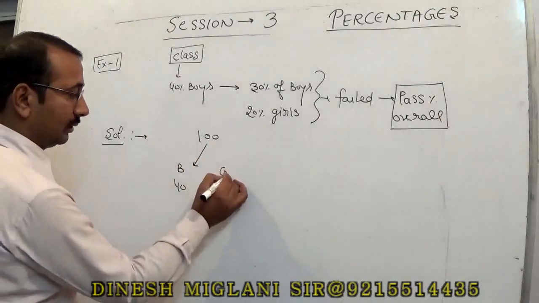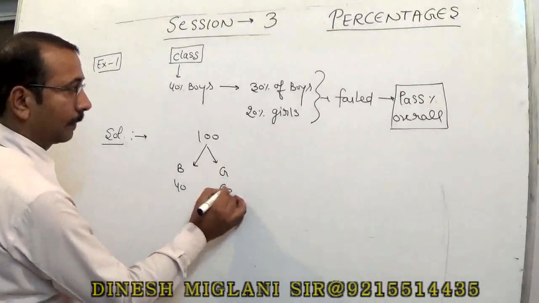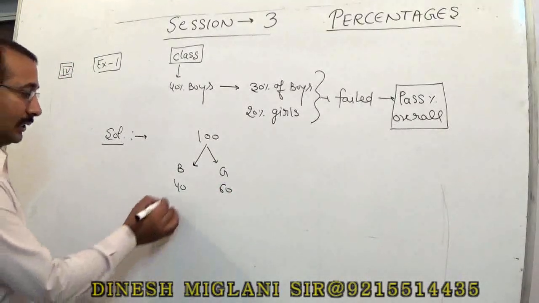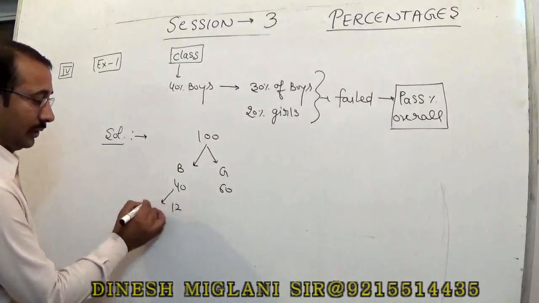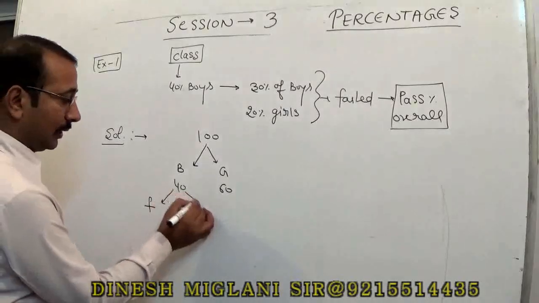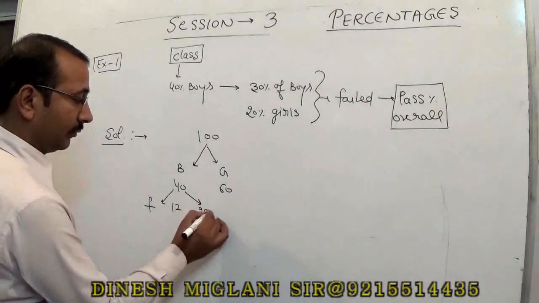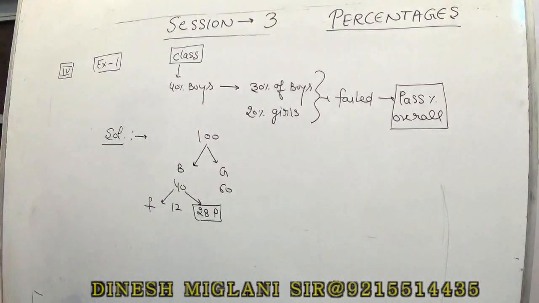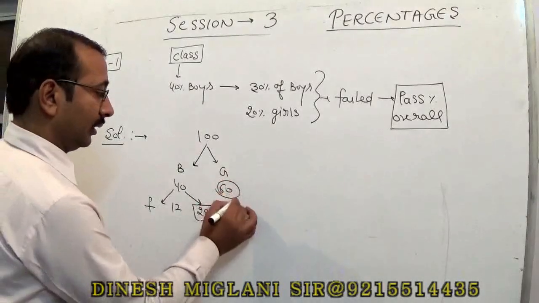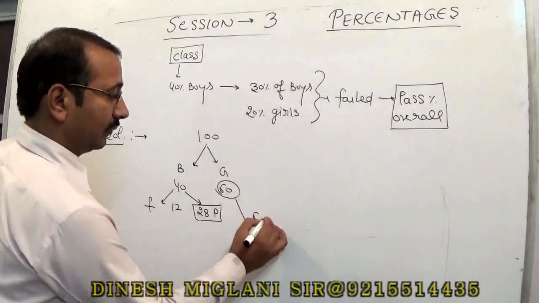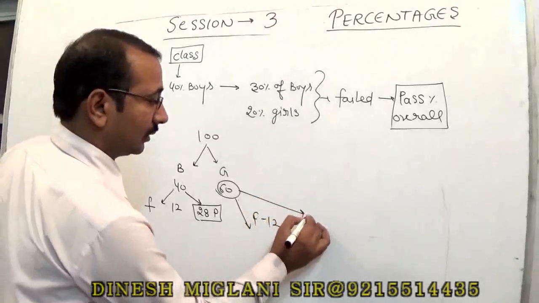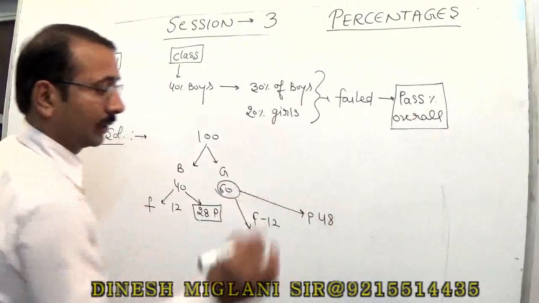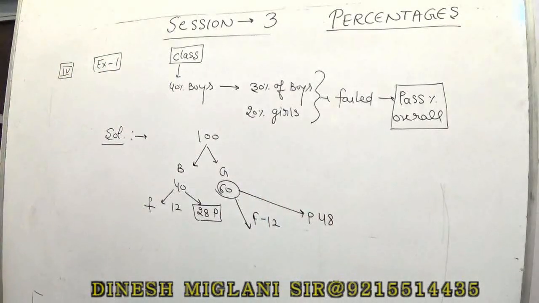So we can say girls are 60. 30% of the boys, that is 12, they fail. How many pass? 28 will pass. Similarly, 20% of the girls fail. How many girls fail? 12. And how many girls pass? 48.